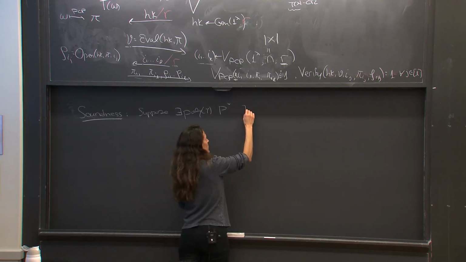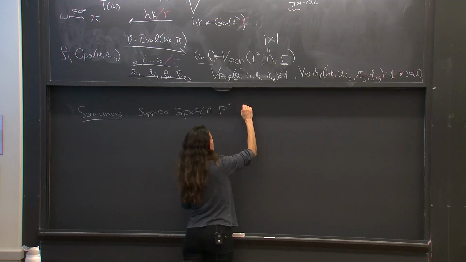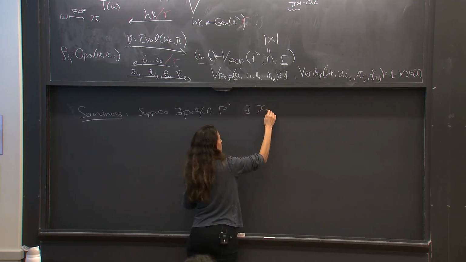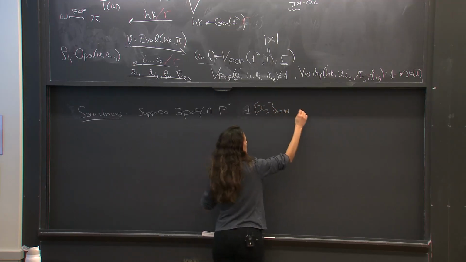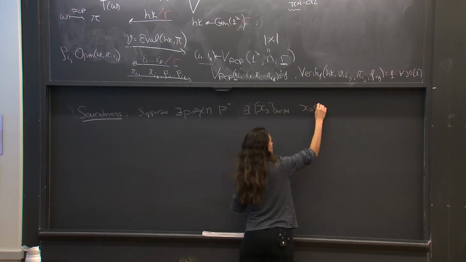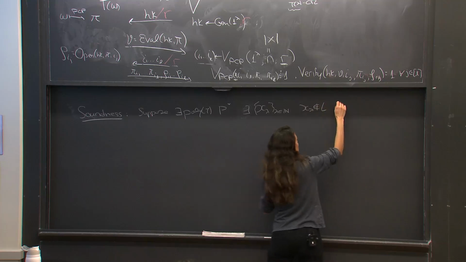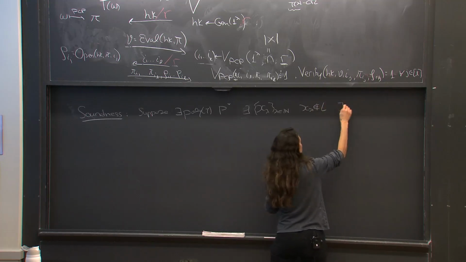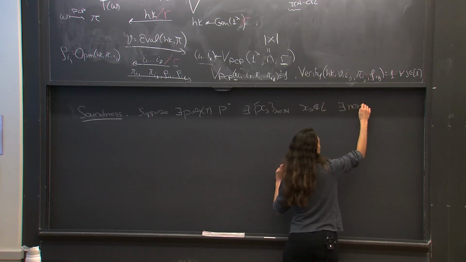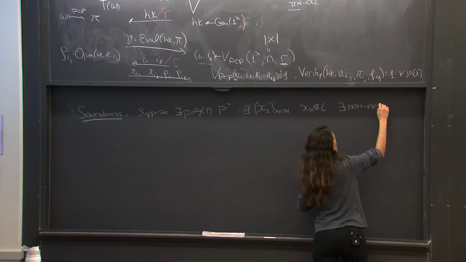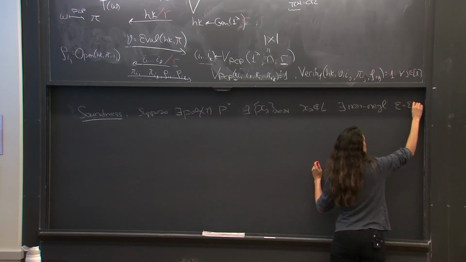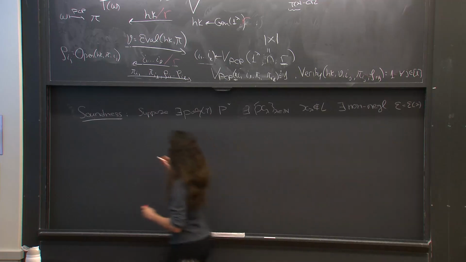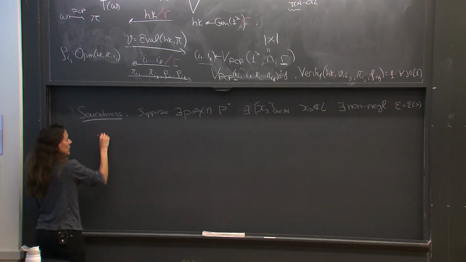Namely, for every lambda there exists a bunch of X lambda not in the language, and there exists a non-negligible epsilon such that the prover succeeds with that probability.